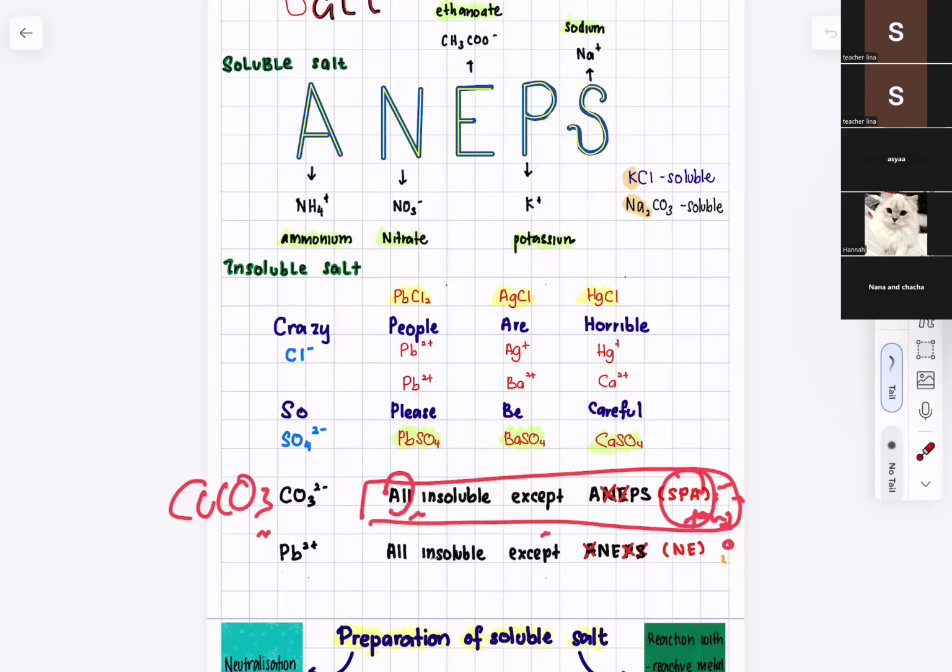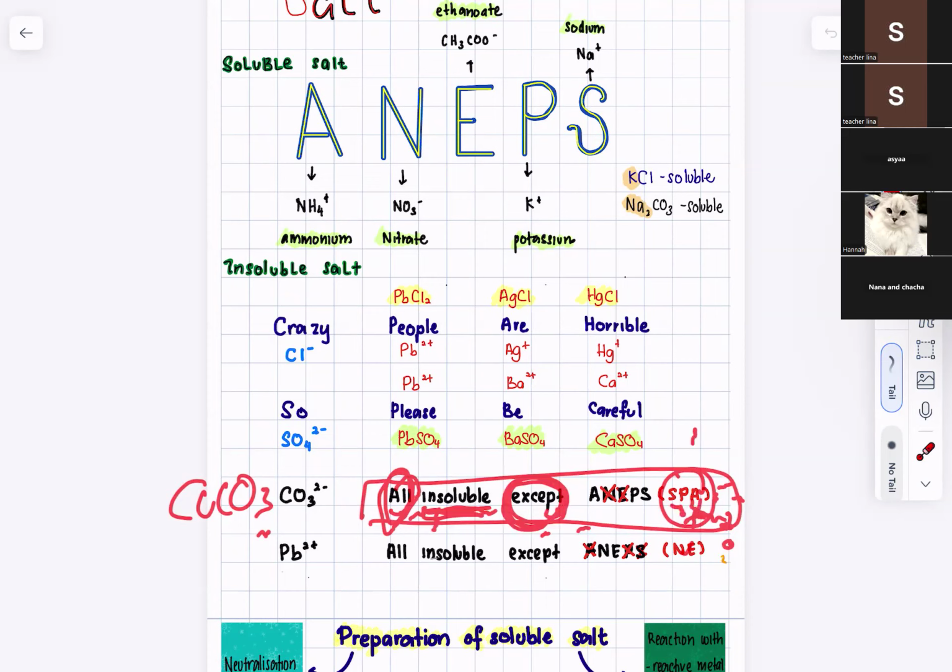This one we call what? All salts are insoluble with carbonates, except ammonium, potassium, and sodium.